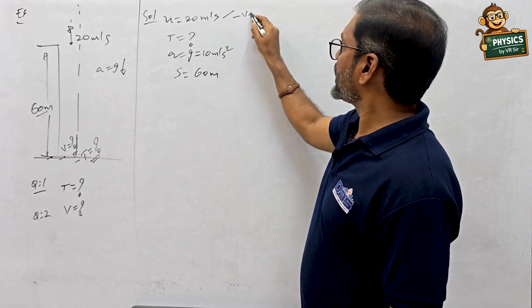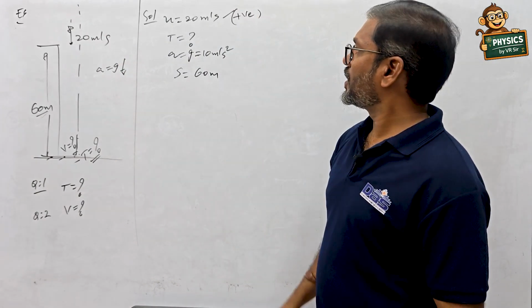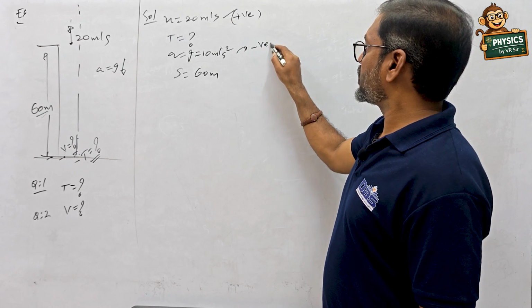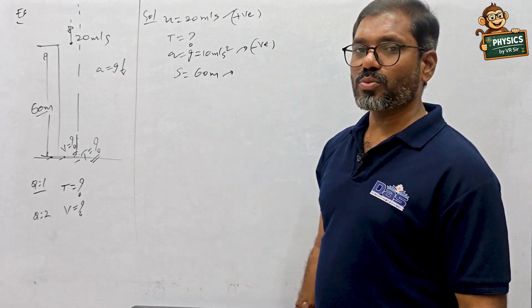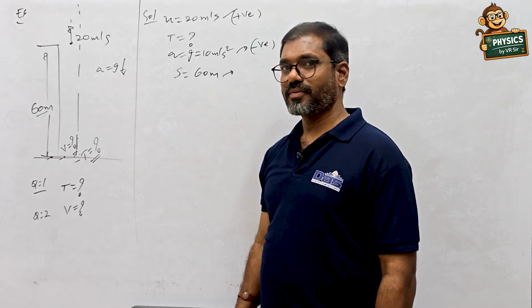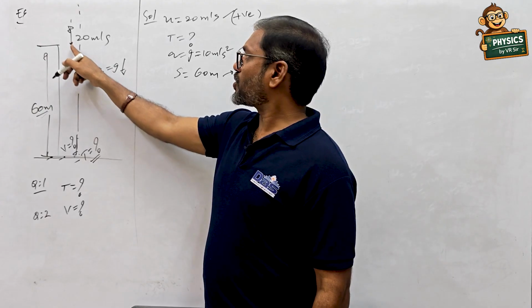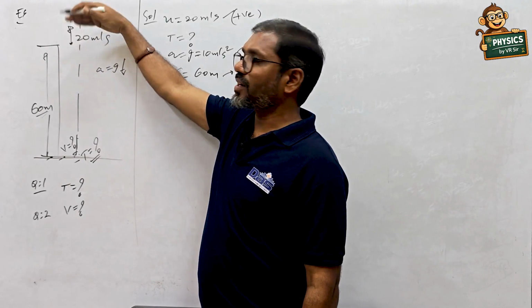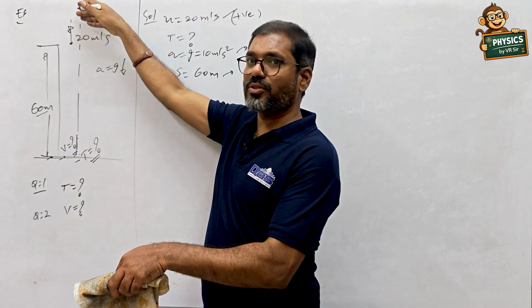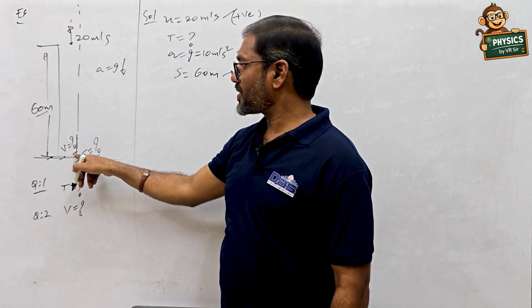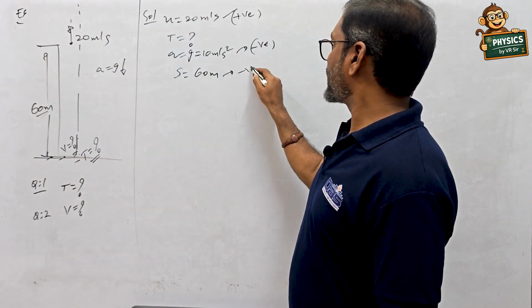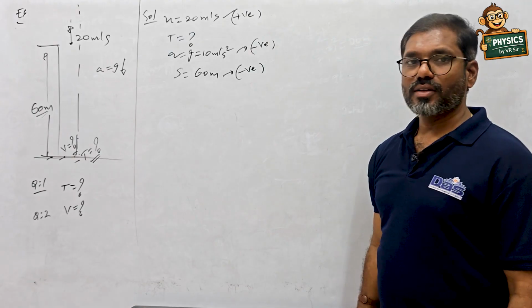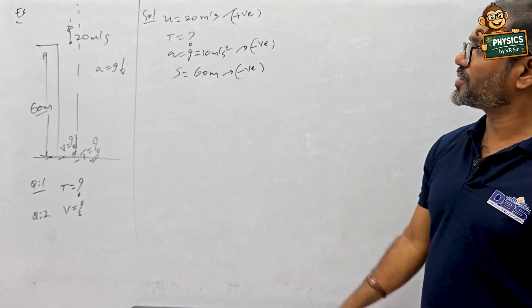This is to be taken as positive, and this is to be taken as negative. And the displacement, positive or negative? Think of it. Can you guess it? The object starts from here. If the object is up above the starting point, then you should take the displacement as positive. But it is downward, right? So downward means you have to take it as negative. Now substitute these sign conventions and do it.